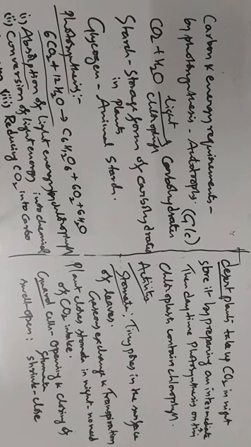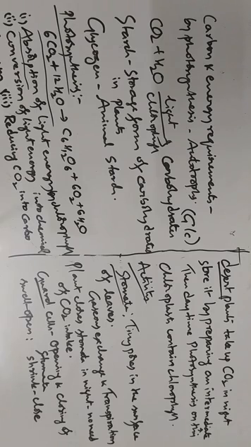Right. Coming to stomata. Stomata are the tiny pores in the surface of the leaves. And stomata are guarded by two kidney-shaped cells called guard cells. If these guard cells are swollen, the stomata will open. If these guard cells are shrunken, the stomata will get closed.